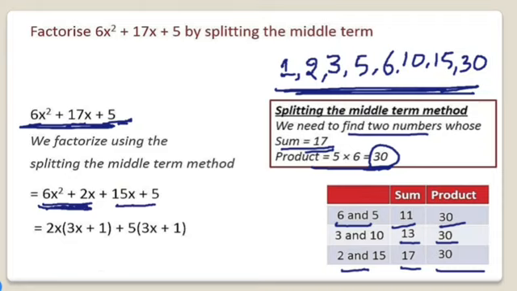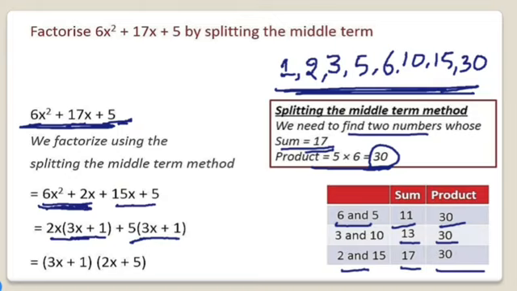If we multiply 2x inside the bracket, we get back the previous one, that means 6x square plus 2x. If we multiply 5 inside the bracket, we get back 15x plus 5. So now observe, (3x plus 1) and (3x plus 1) are common. So take it as common. We get (3x plus 1) into (2x plus 5).